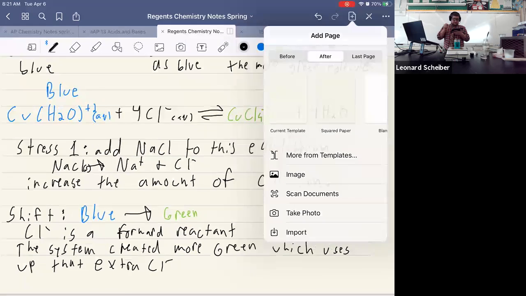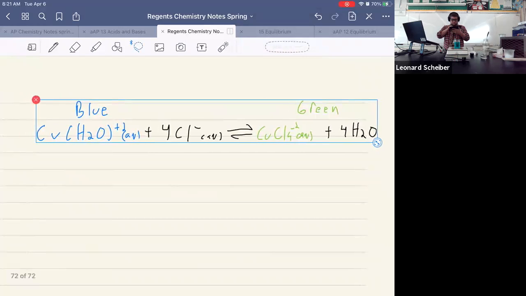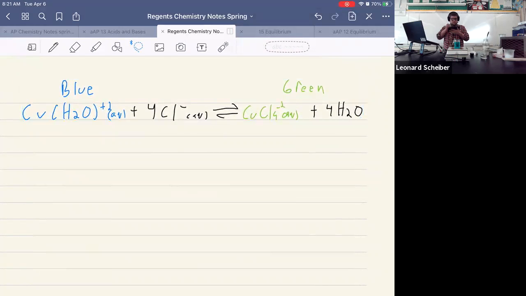Then I did a second stress. I added water, just plain old water.